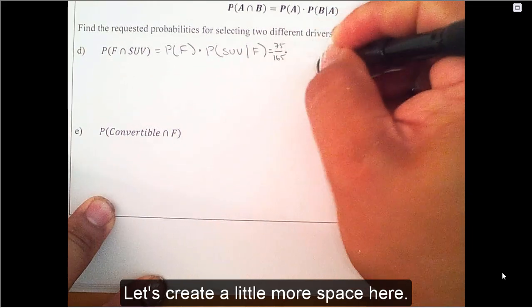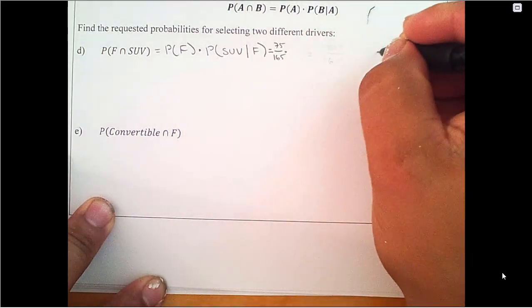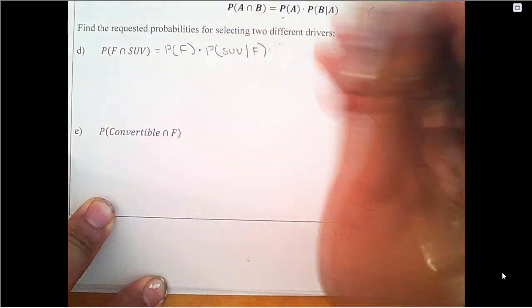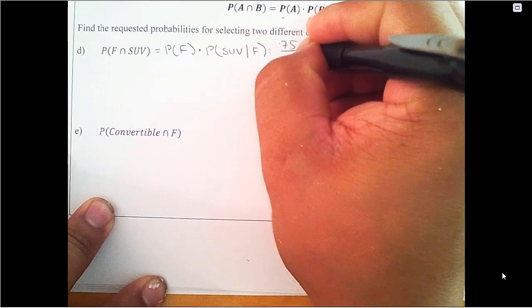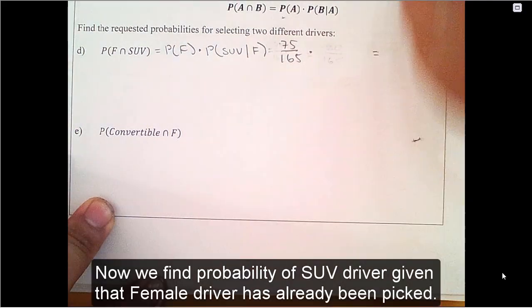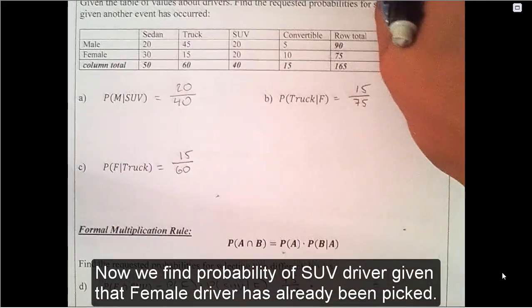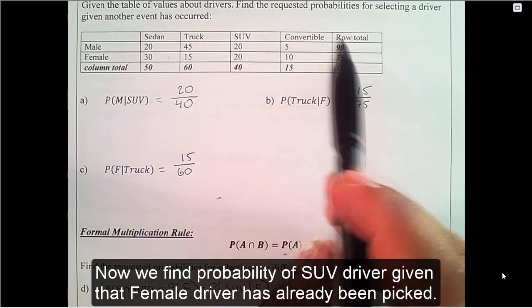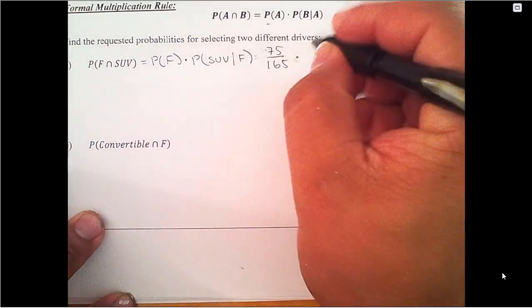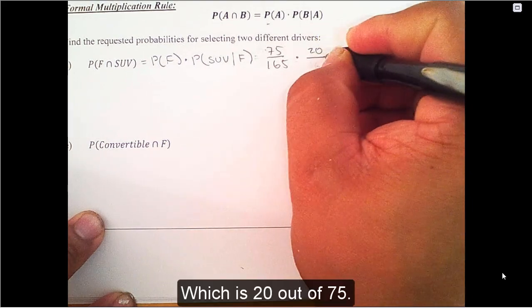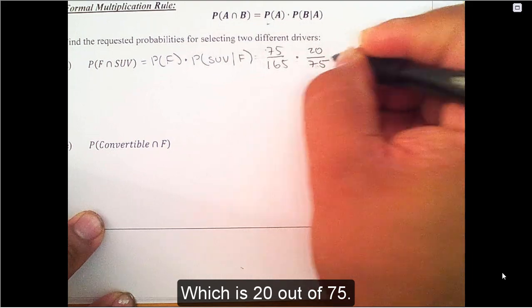Let's create a little more space here. Now we find probability of SUV driver given that female driver has already been picked, which is 20 out of 75.